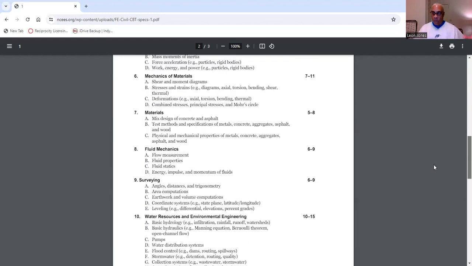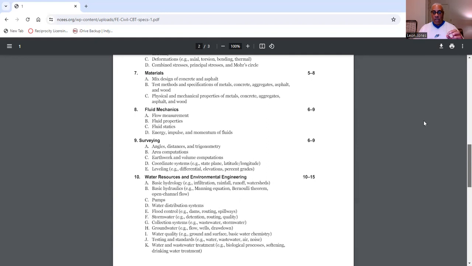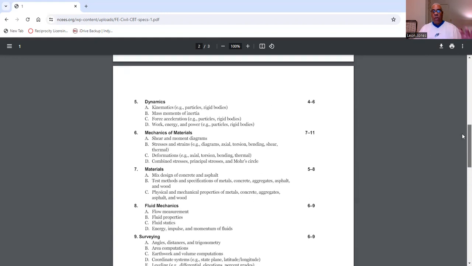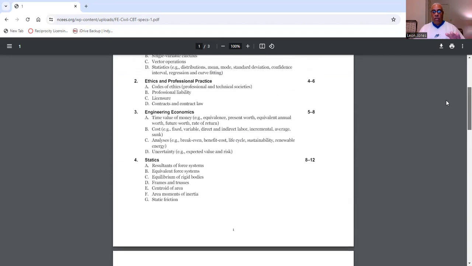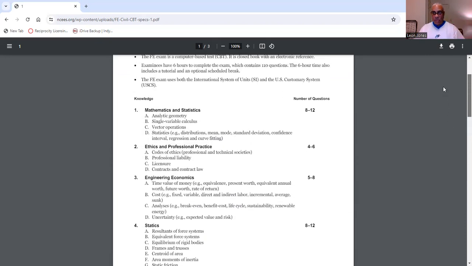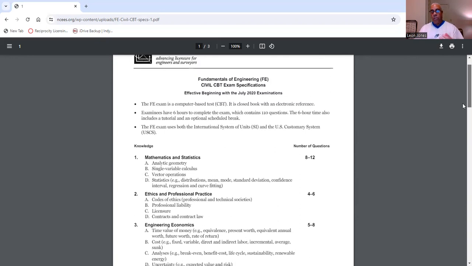Now, you have to look at how many subjects you have too. For the environmental, you have 15 subjects. For the civil, you have 14. But regardless, when you look at the specifications, they're all designed the same way, just different subject matter. And this is all coming from the 2020 examinations.